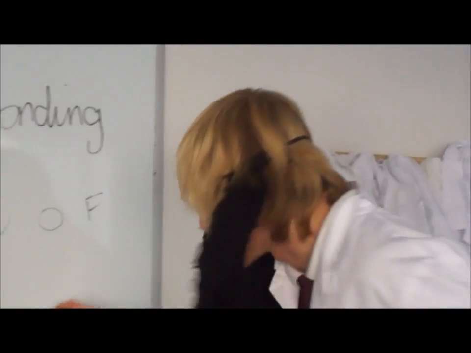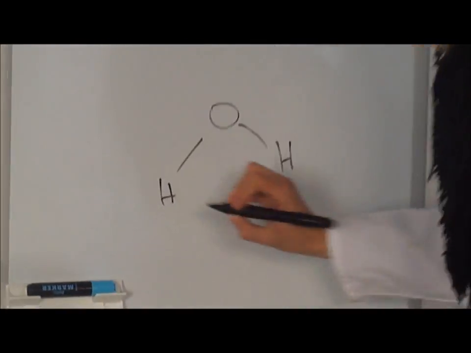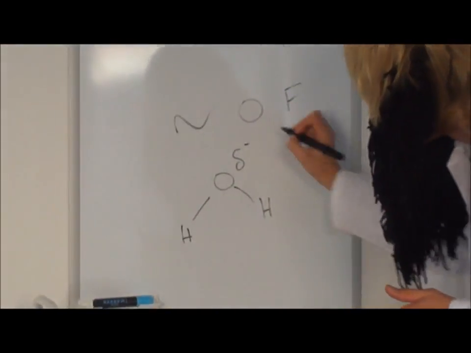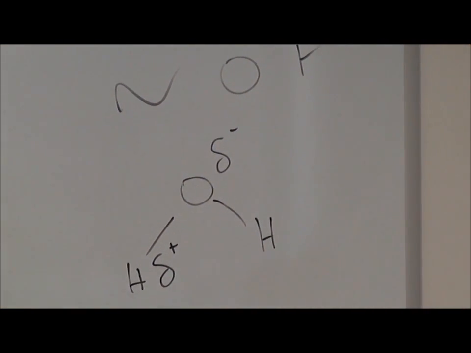So, with water, for example, we have here the water molecule. Due to the fact that the oxygen has a higher electronegativity than hydrogen, it has a bigger attraction for the shared electrons. Therefore, it has a negative charge, and the hydrogen has a slight positive charge.